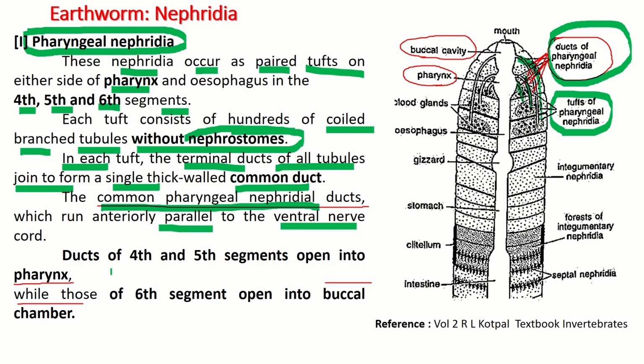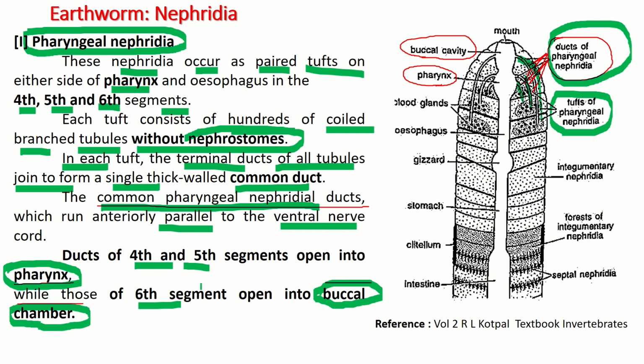Ducts of the fourth and fifth segments open into the pharynx, while the duct of the sixth segment opens into the buccal chamber. So here is the buccal cavity in which the duct of the sixth segment opens, and in the pharynx, the ducts of the fourth and fifth segments open.